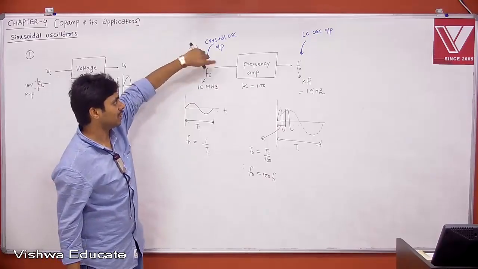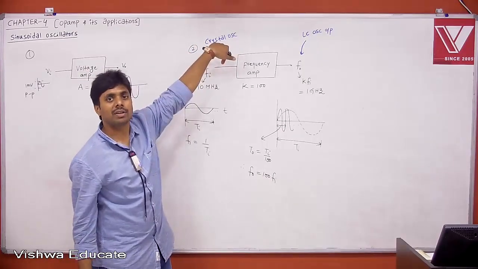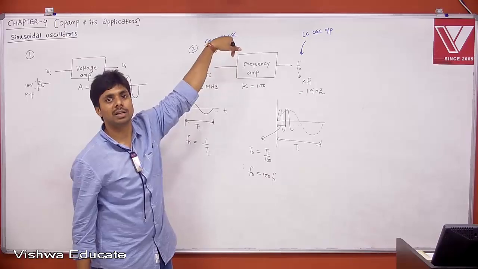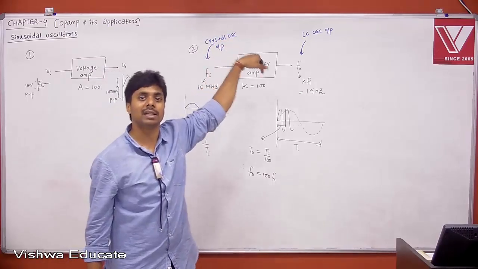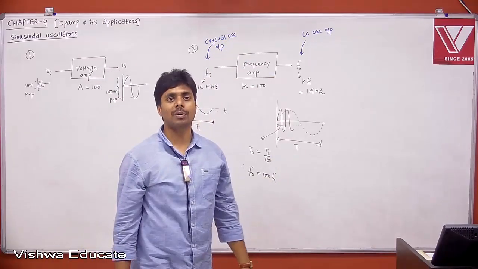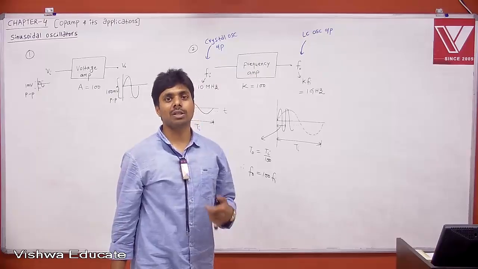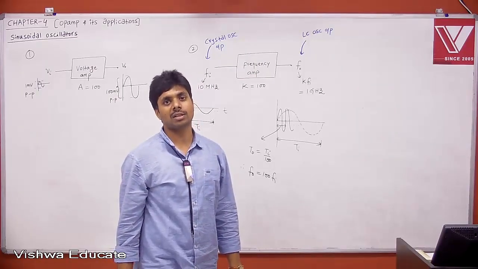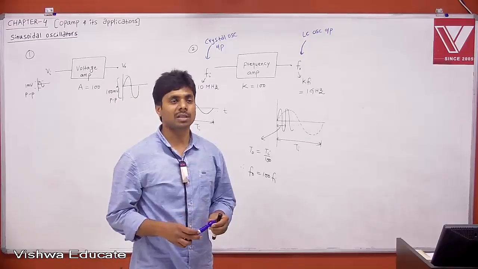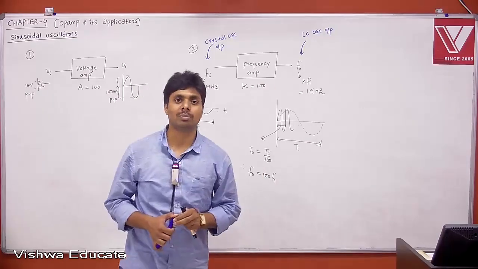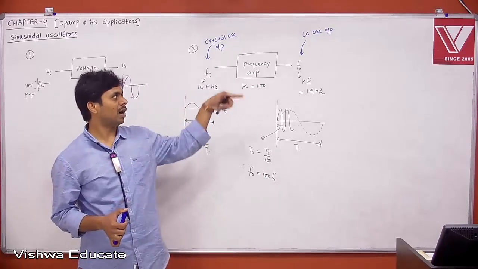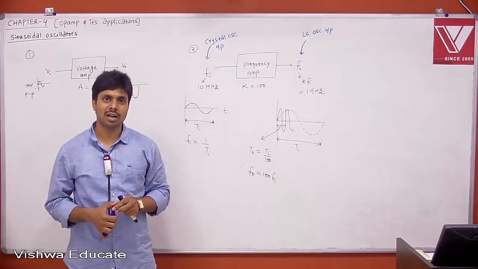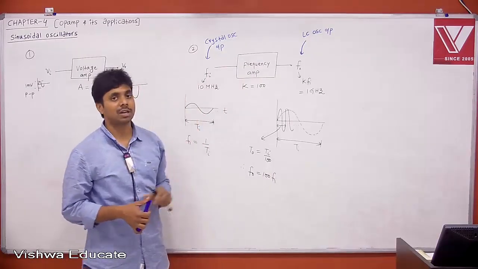Then any deviation will be given to the phase detector. The phase detector will detect it and give a signal to your error amplifier. The error amplifier takes the phase detector output and gives you an error voltage. That error voltage is given to your LC circuit or VCO. Therefore, it will tune the capacitor such that your output signal frequency will not change, and it will give you higher frequency oscillations from the LC circuit, with the variation controlled by your crystal oscillator.